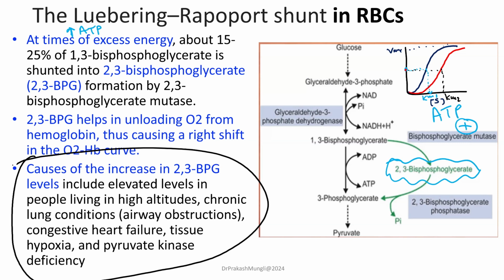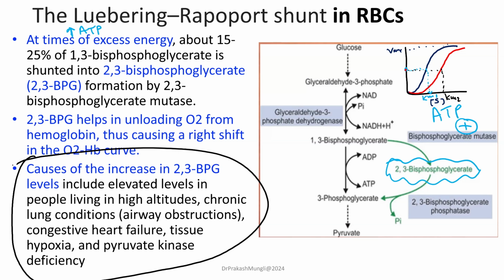Why? Because physiologically, they will have high levels of 2,3 BPG in their red blood cells. And what this 2,3 BPG does, it is efficiently unloading oxygen. Whatever little oxygen the red blood cell is bringing from the lungs to the peripheral tissue is efficiently unloaded. Whereas in you and me, out of 4 oxygen molecules that our red blood cell brings from lungs to the peripheral tissue, only 2 of them are released.